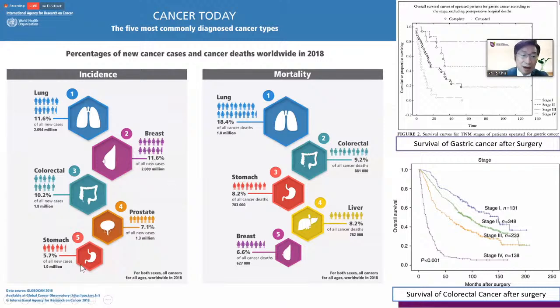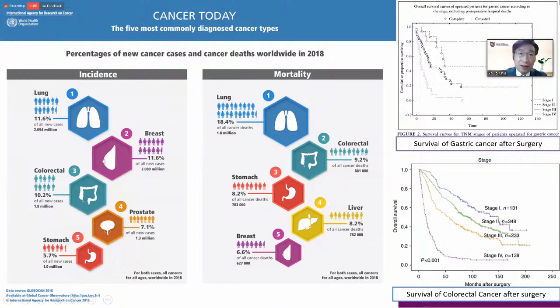Stomach cancer is number 5, but if you count stomach cancer and colorectal cancer together, they make up 16% of all cancer incidence. Looking at mortality, stomach cancer and colorectal cancer are among the second and third most common. We also know from the literature that the survival of gastric and colorectal cancer depends on the stage of diagnosis.